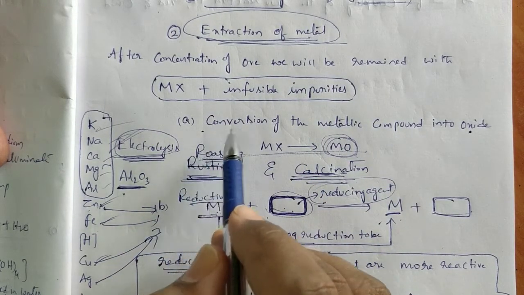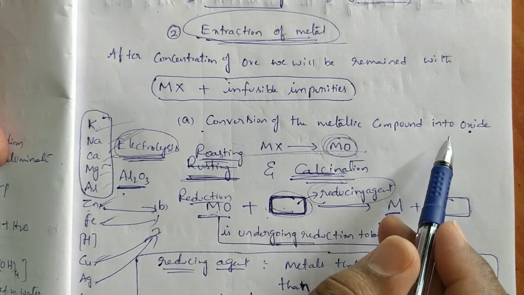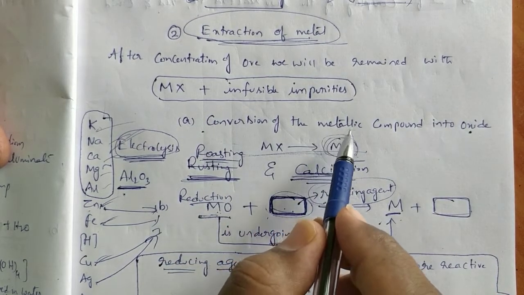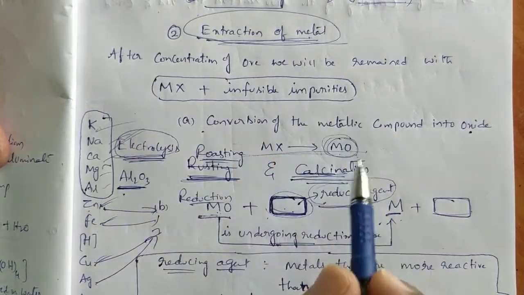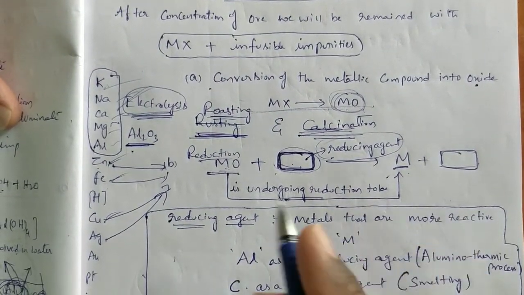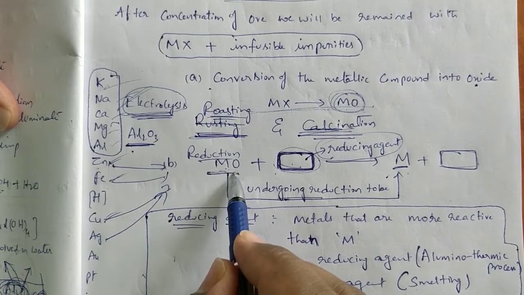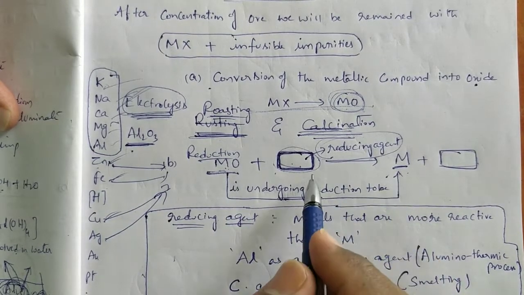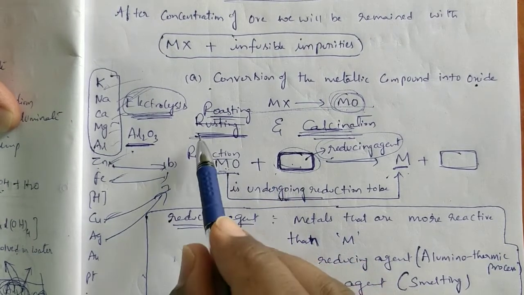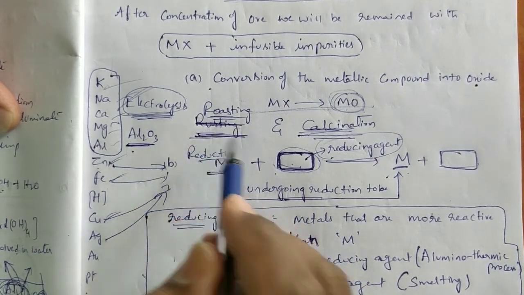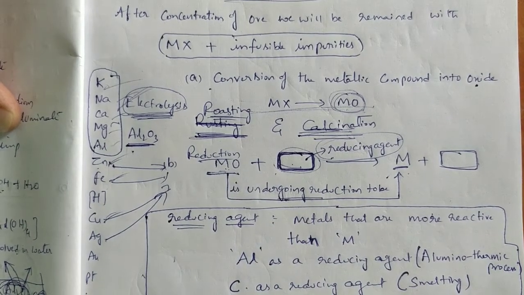First, we convert that metallic compound into oxide. Conversion of the metallic compound into oxide is the first step in extraction of metal. And the second one is conversion of this metallic oxide to metal by the process of reduction. Those are the two steps we have seen, and the processes involved are roasting and so on, everything we have seen in the previous class.